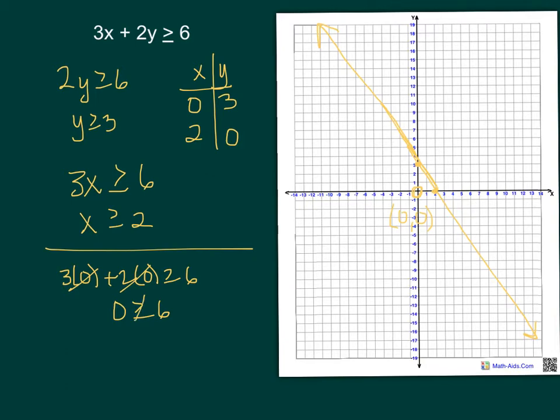No, it's not, which means 0, 0 failed. 0, 0 did not work. And since 0, 0 failed, everything on the bottom of this graph is going to fail, which means everything on the other side of the graph is going to work. So that means your answer happens to be every one of these points. And that is your final answer.